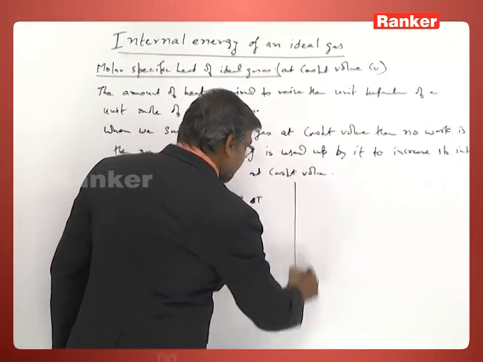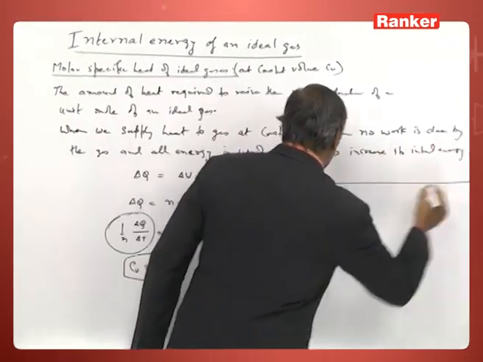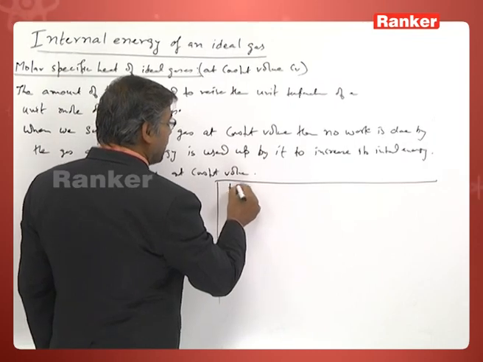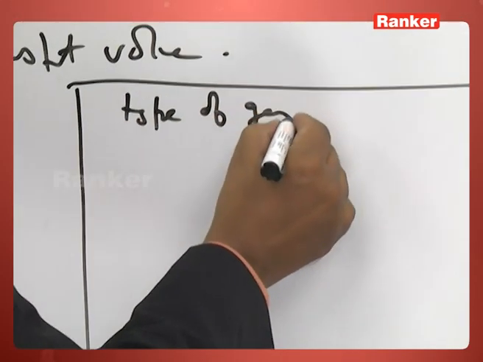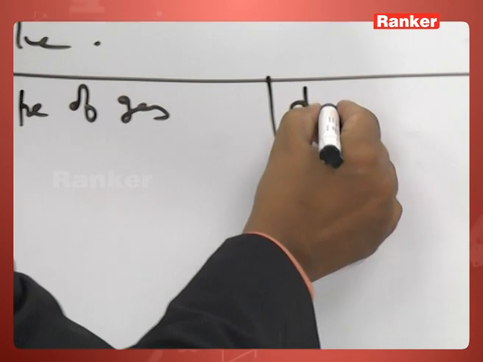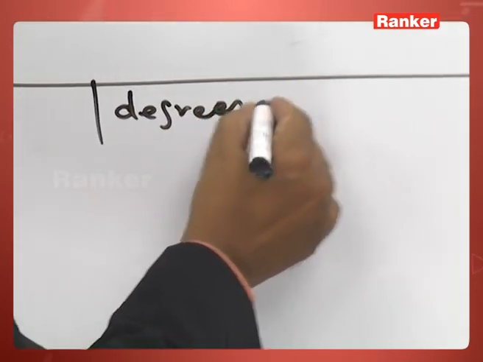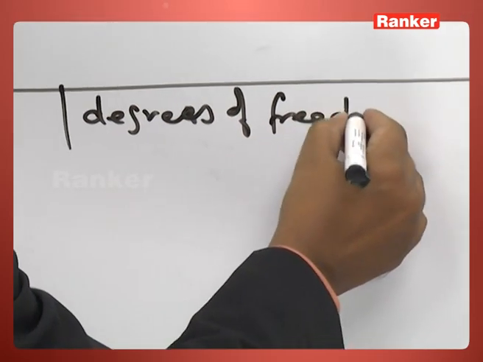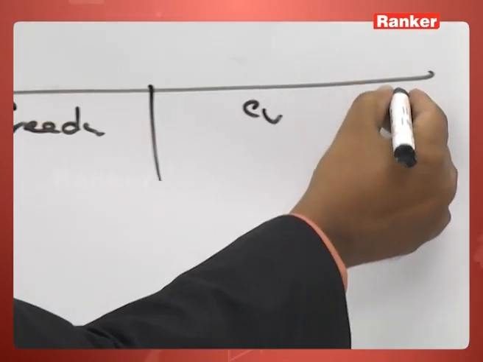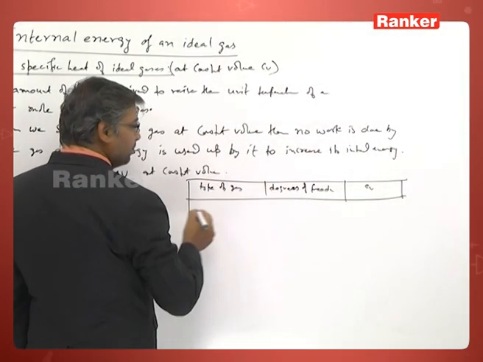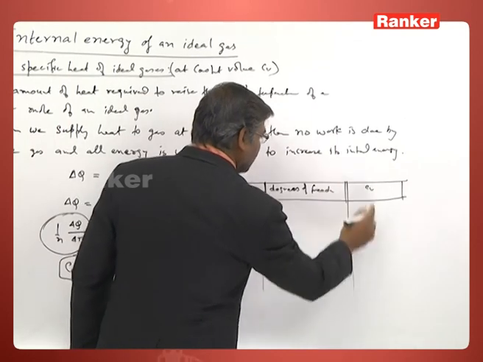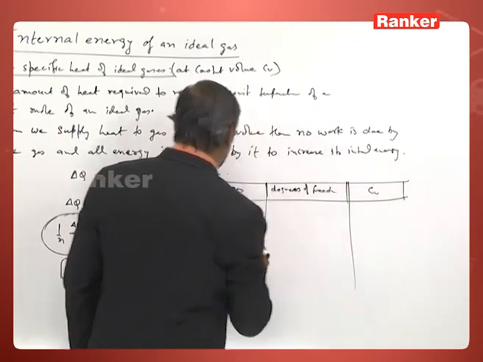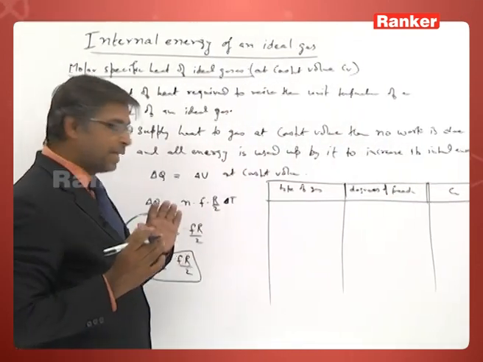Again let us write down the table here: type of gas, then degrees of freedom, and then the value of CV. So, let us fill this table. This is CV, the molar specific heat at constant volume of a gas.